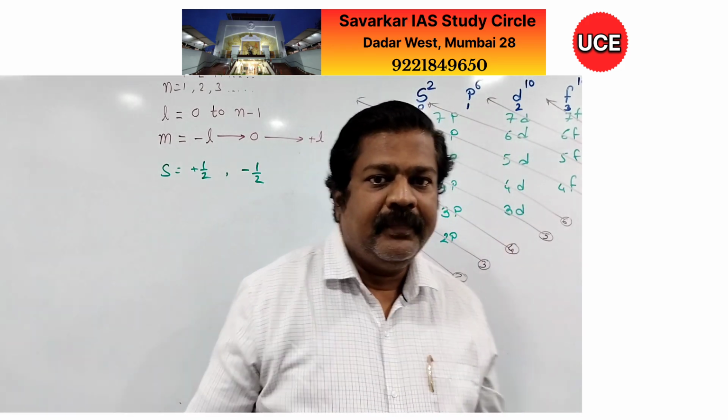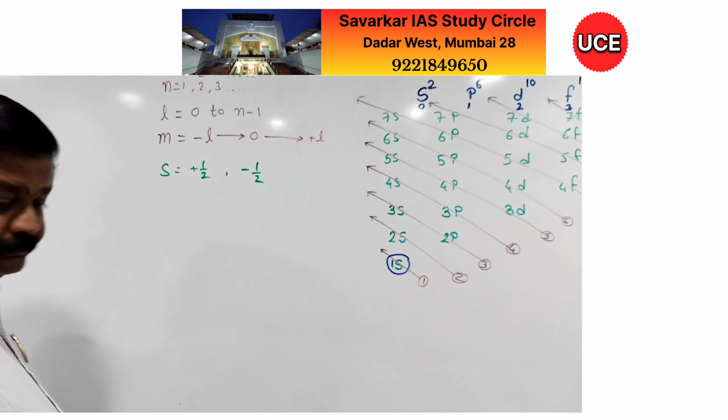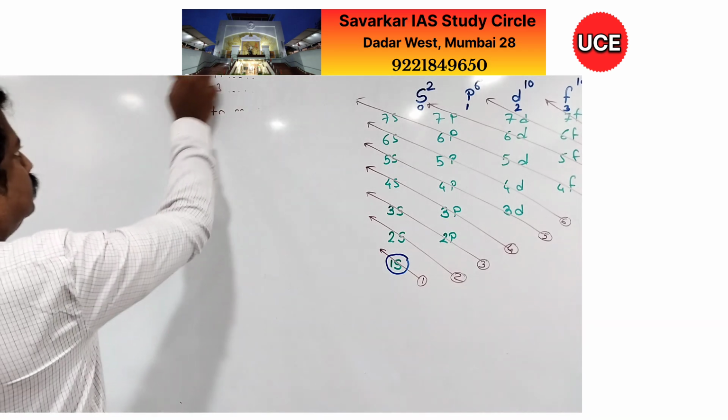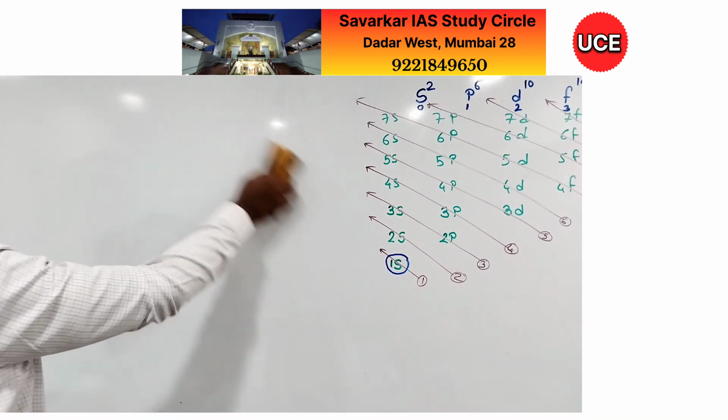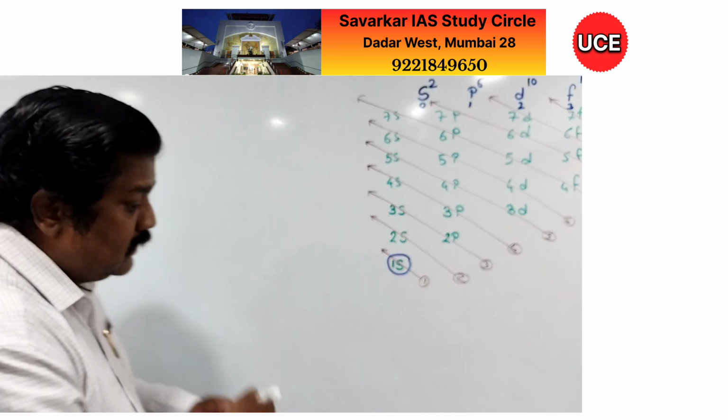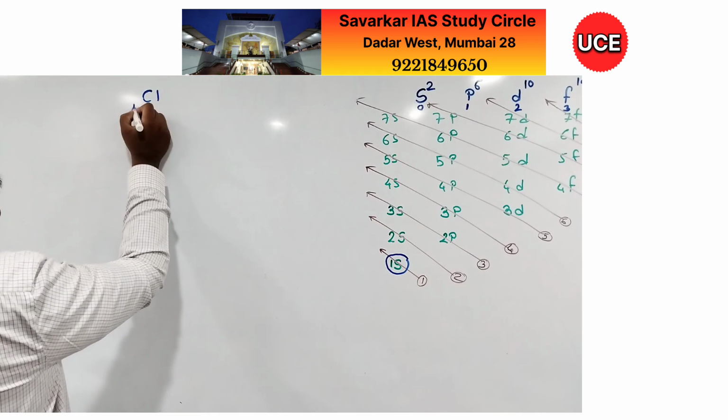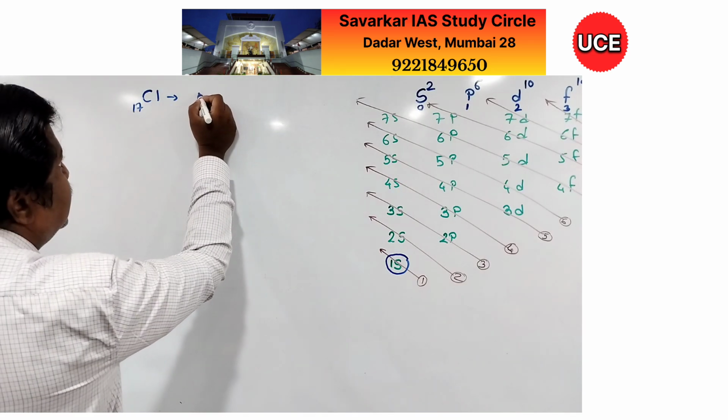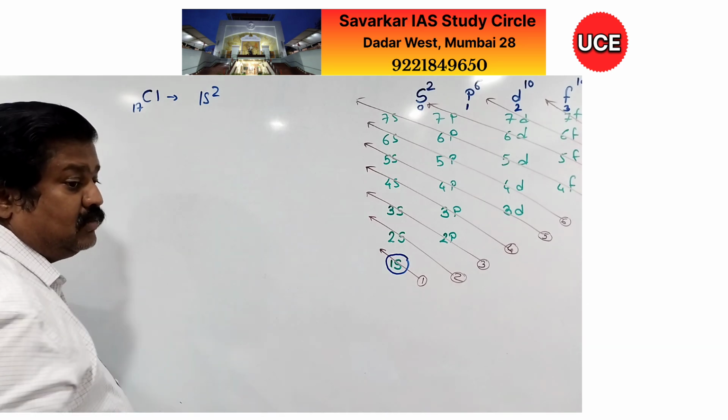Now you are aware that for chlorine, first we have to go by the electronic configuration. Chlorine has atomic number 17, so I have to assign 17 electrons.